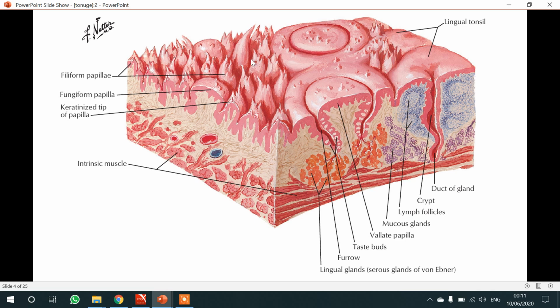So the rest here, filiform papilla, you can see conical structures, then fungiform papilla. So in your histology class you are going to do a bit of detail of these papillas.